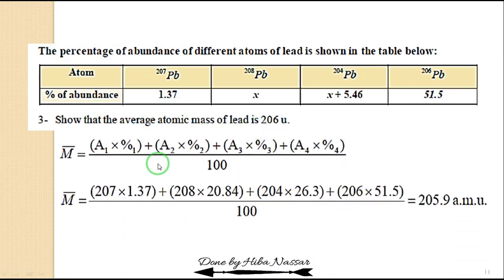Now you will apply this formula where the average atomic mass, capital letter M, is equal to the mass number of the first isotope, which is 207, times its percentage abundance, which is 1.37, plus the mass number of the second isotope, 208, times its relative abundance, plus the mass number of the third isotope times the relative abundance, plus the mass number of the last isotope, A4, which is equal to 206, times its relative abundance, all of them divided by 100.